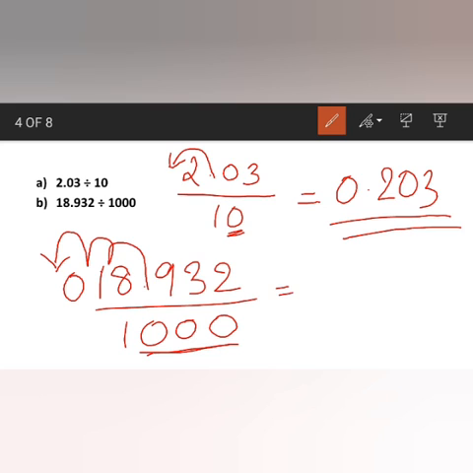So, our answer will be 0.018932. Here we have shifted the decimal point 3 places to the left, so that our answer will be 0.018932. Now, let us study the next one.